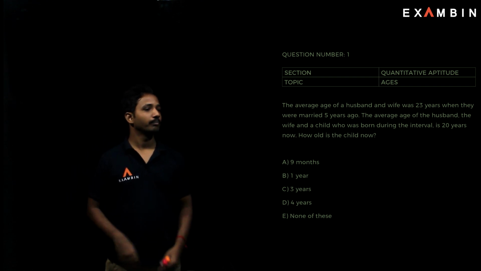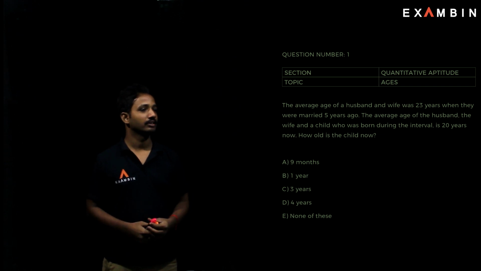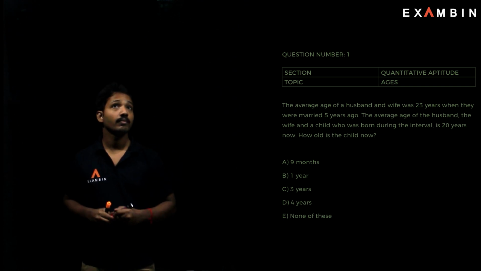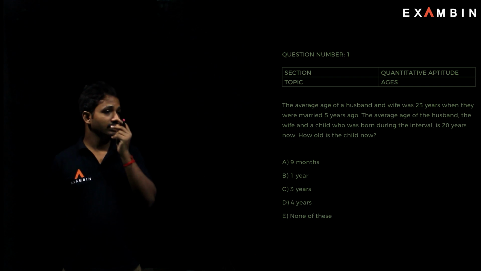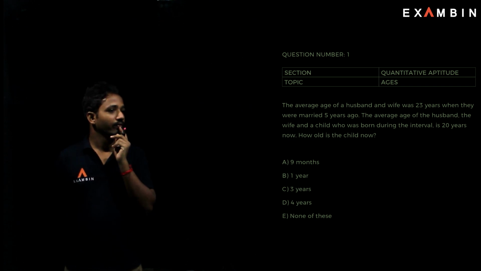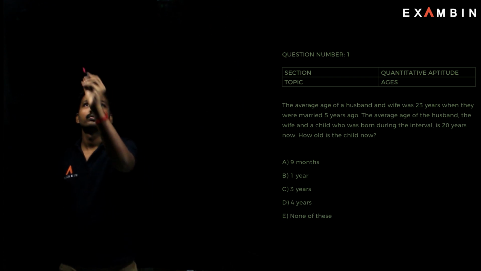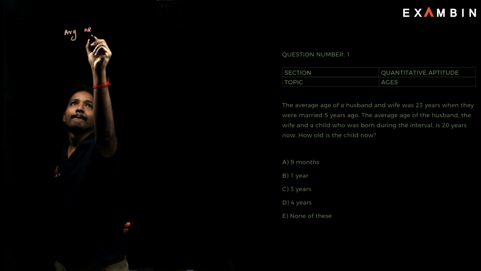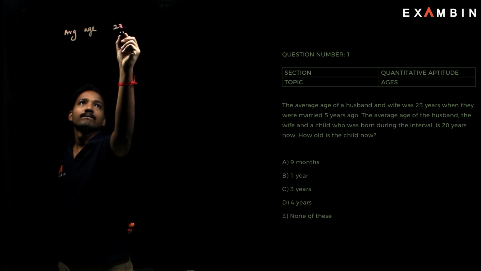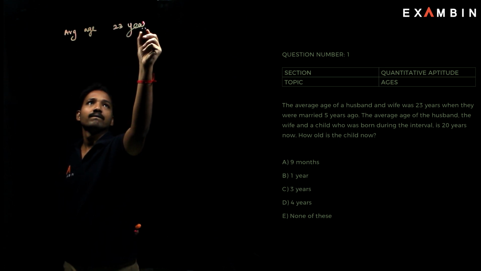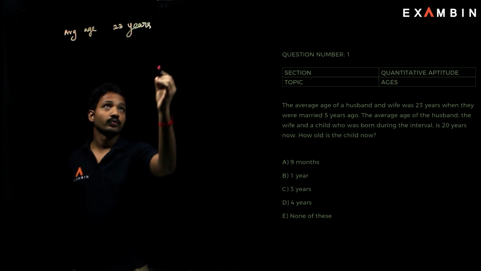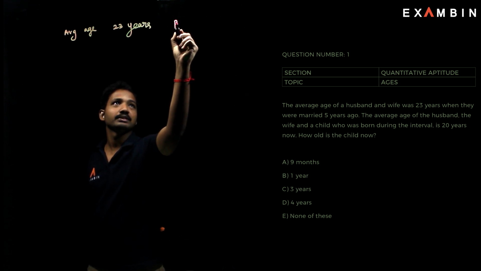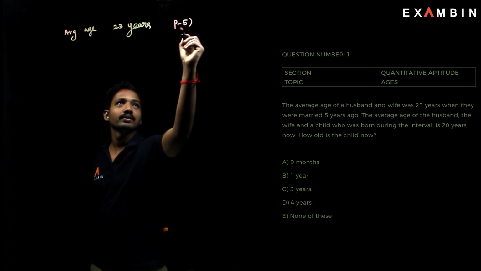Let's first look at the important factors given in the question. The average age of the husband and wife was 23 years when they were married 5 years ago. So 5 years ago, I am writing as present year minus 5.